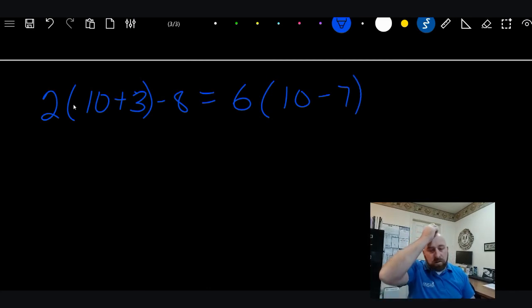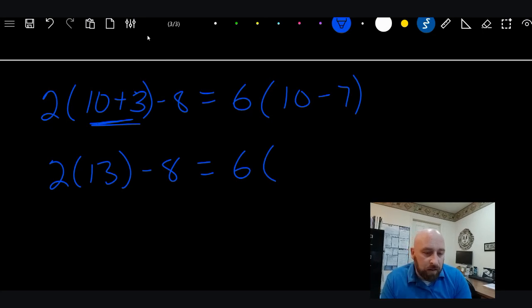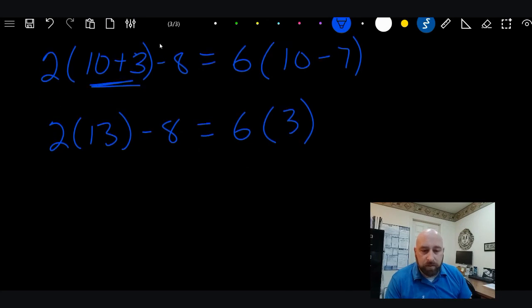Now, you can do this with distributing, or you can do this without distributing. I think in this case, it's easier to do it without distributing. Let's just solve inside of these. We could solve it both ways. It'll come out the same. So if we do this, we get 2 times 13 minus 8 equals 6 times 3. 10 minus 7 is 3.